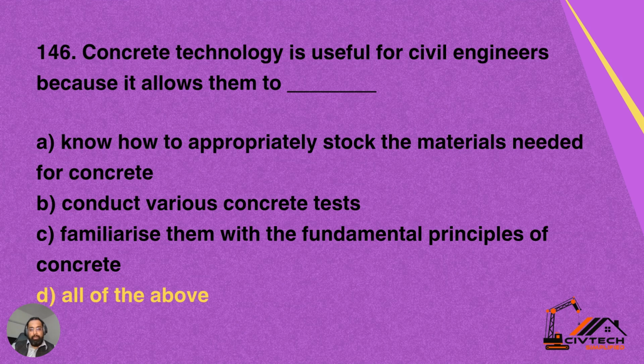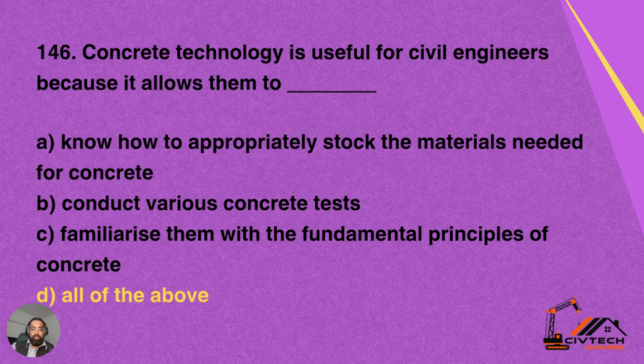146. Concrete technology is used for civil engineers because it allows them to. Option A, know how to appropriately stock the material needed for concrete. Option B, conduct various concrete tests. Option C, familiarize them with the fundamental principles of concrete.